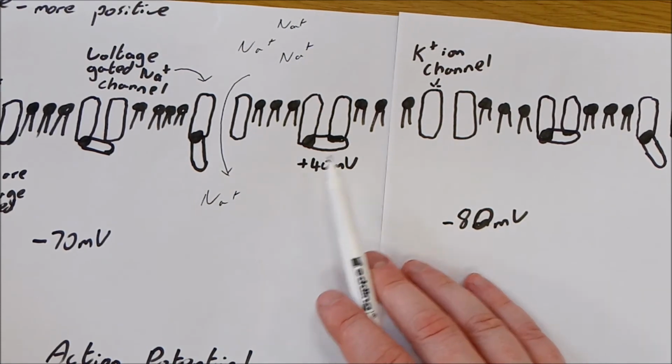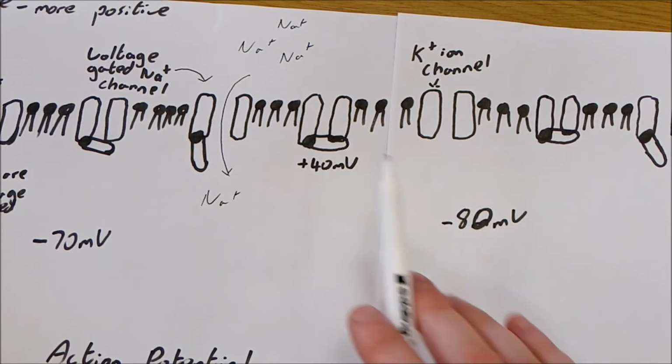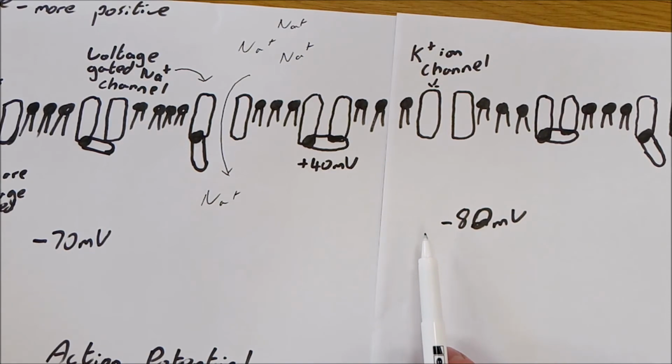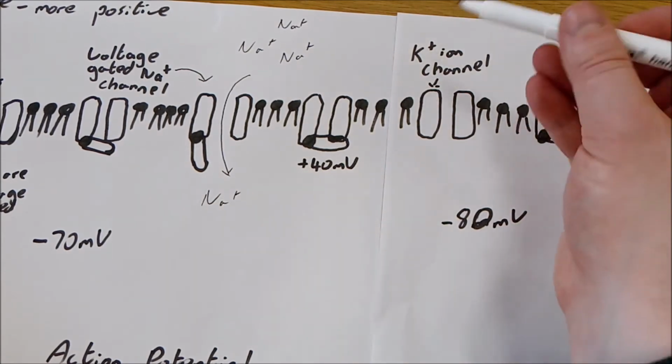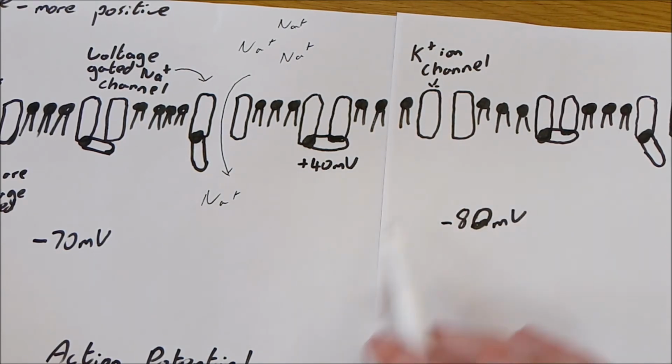So then after that, that depolarization is your action potential. After that point, you get the maintenance of this resting potential back. So your potassium ion channels open up and allow the potassium ions to go back out.